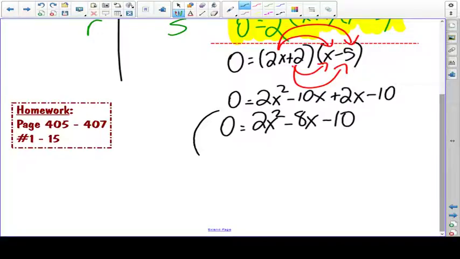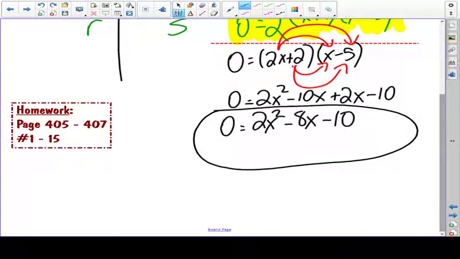This right here would be our quadratic equation in standard form with the roots 5 and negative 1. Okay? So if you have to write in standard form, you just expand it and simplify it, and you're off to the races.